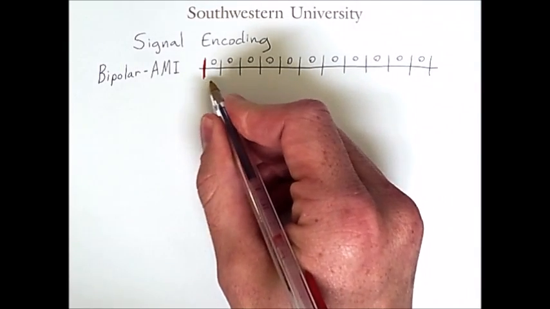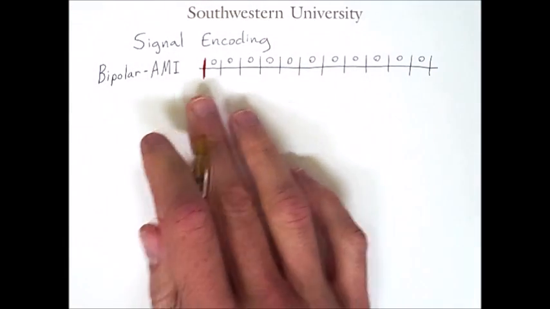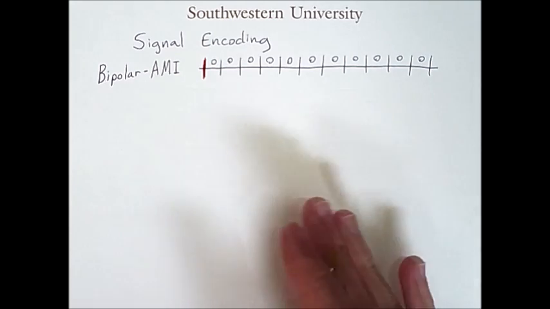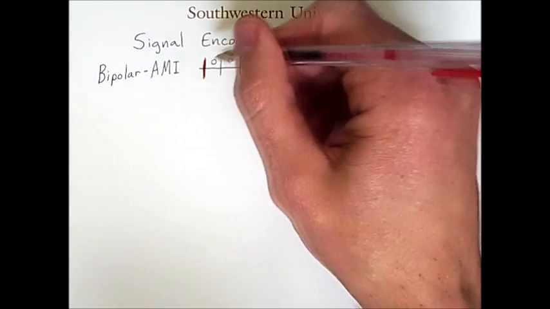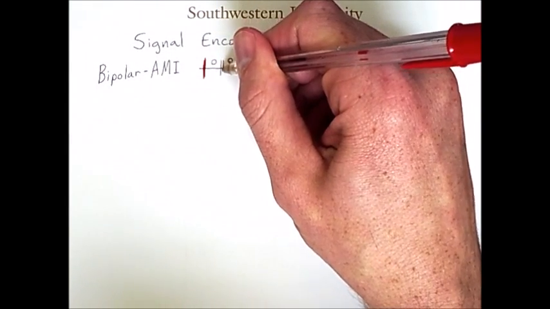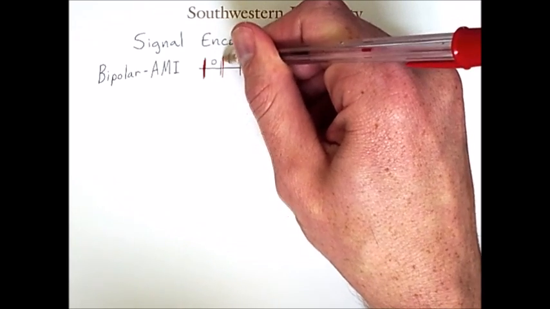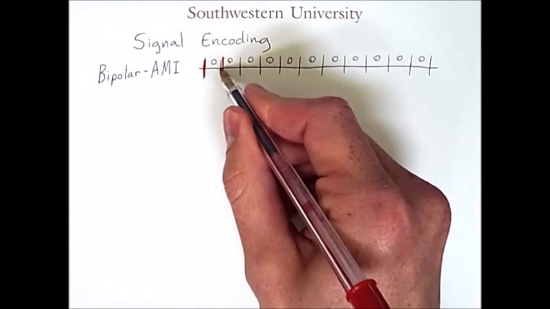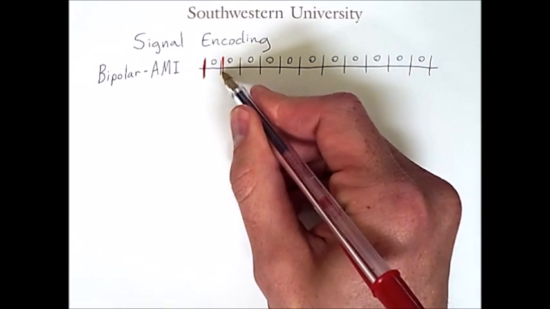But as this signal covers long distances, as time passes, the clock of the receiver gets a little bit out of sync, and so we have a very small error here. So the receiver thinks that this is the end of that signal element. So far, there's no problem.